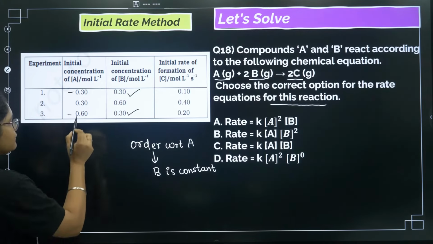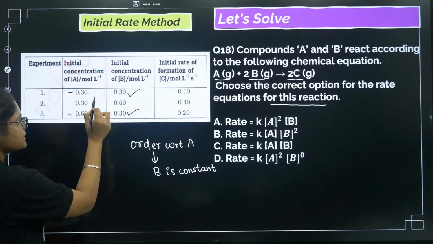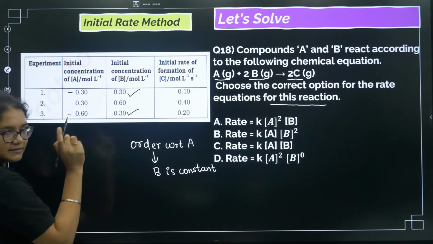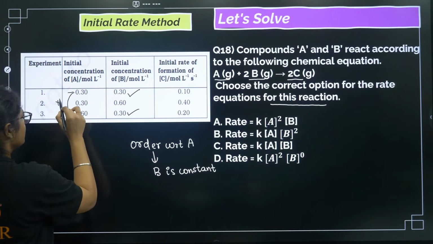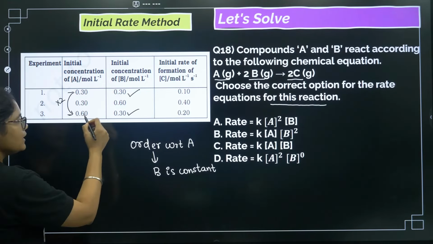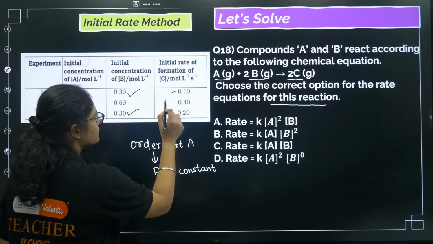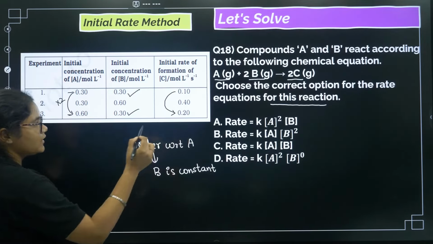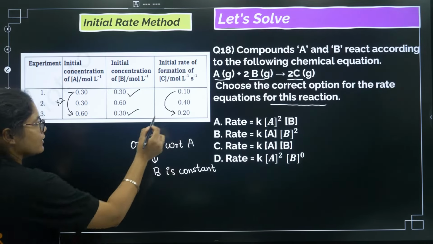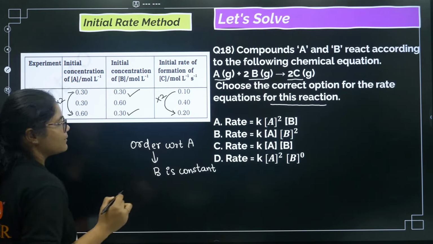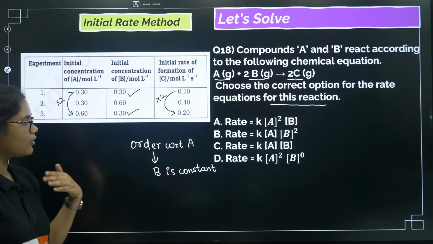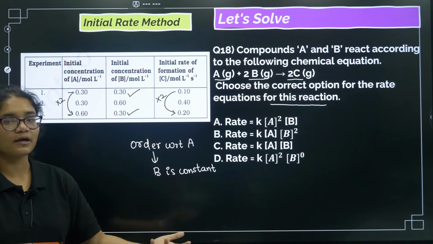So what has happened from first to third? What is the change in concentration? It is doubled. Now what has happened in the rate? So from 1 to 2 I can say that the rate has also doubled. It was 0.1, now it became 0.2. You are doubling the concentration, the rate is also doubling.